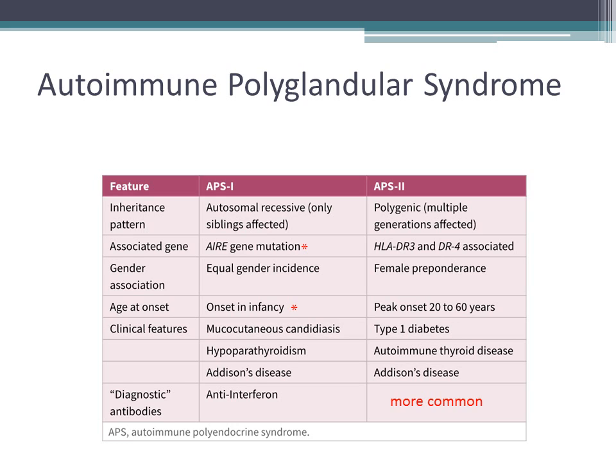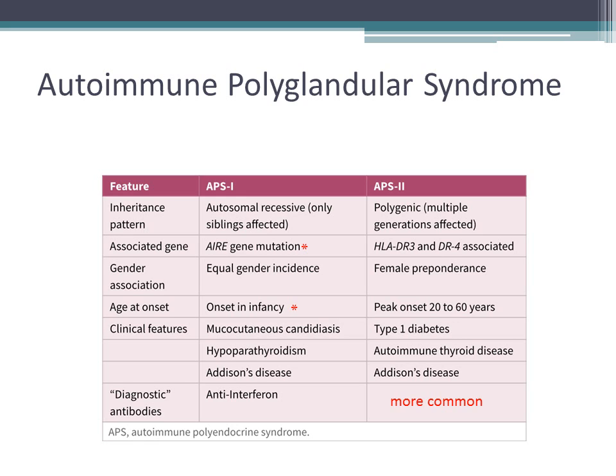Onset is in infancy usually for autoimmune polyglandular syndrome type 1, and the clinical features include mucocutaneous candidiasis and hypoparathyroidism. Those are the big ones if you want to remember two things: mucocutaneous candidiasis and hypoparathyroidism. Of course, Addison's disease is part of it, type 1 diabetes is part of it, and other things.